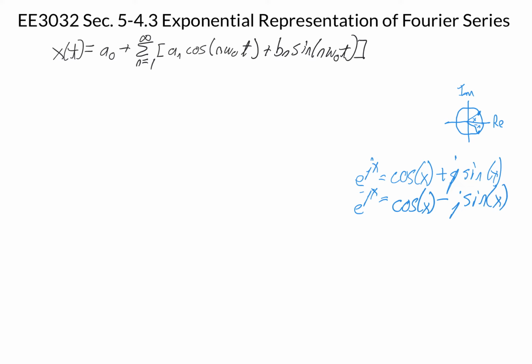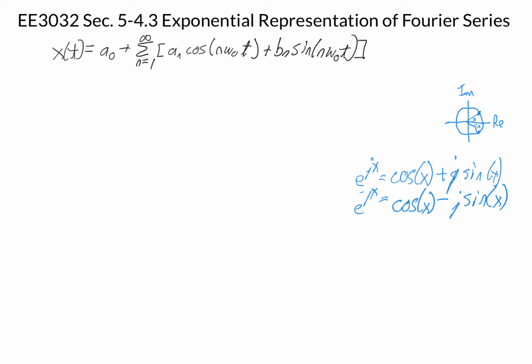And this results from cosine and sine being even and odd functions respectively. So when I evaluate the right-hand side there, I could be substituting in negative x to the formula on top. Cosine of negative x is the same as cosine of x, since it's an even function. The real part is the same for the conjugates. But sine of negative x is negative sine of x, because the imaginary part flips for the conjugate.